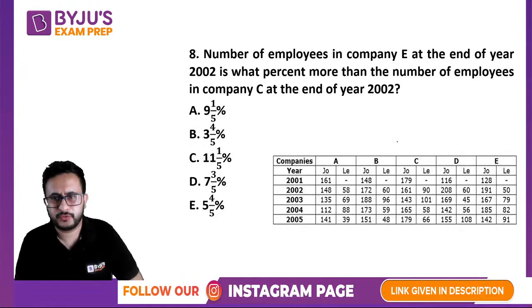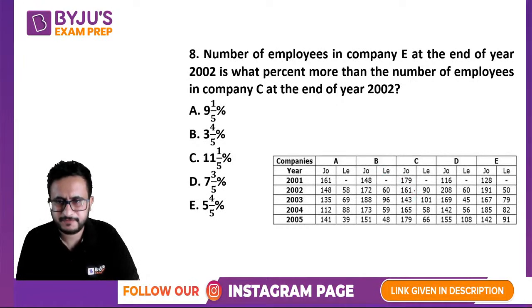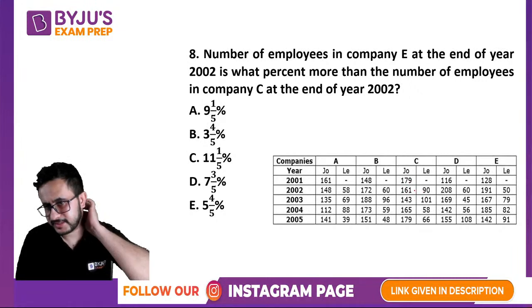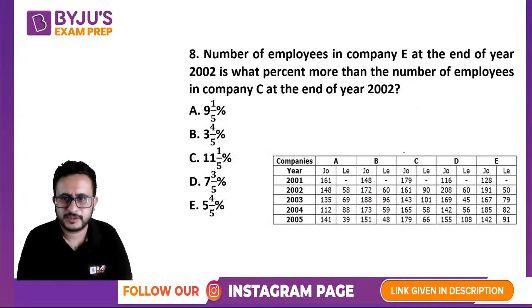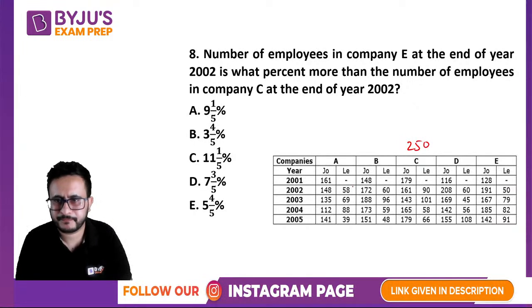So 2002, if we do this we will have to calculate, okay, but still we can do with some approximate data, right? So 179, this is 70 more and 40, 71 and 42, 113, that is 2002, and E it is 141, that is 269.